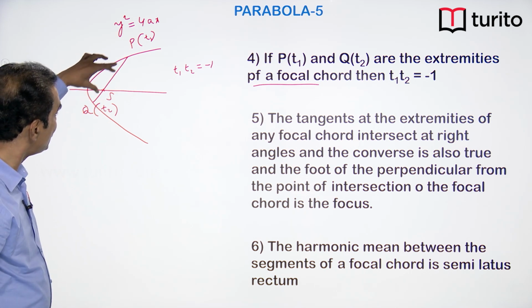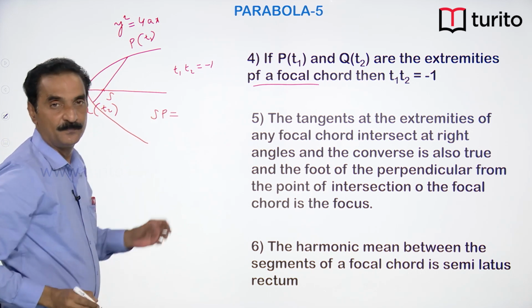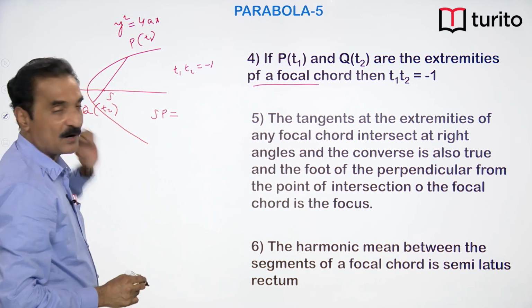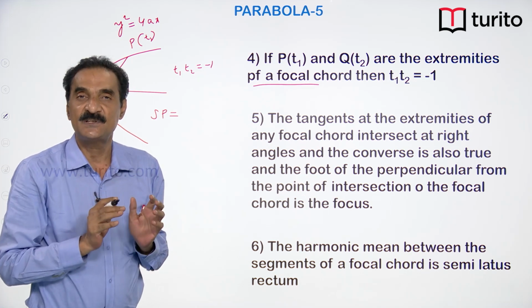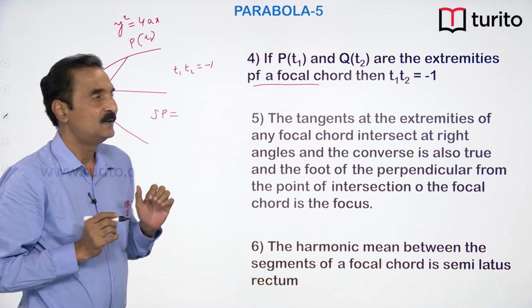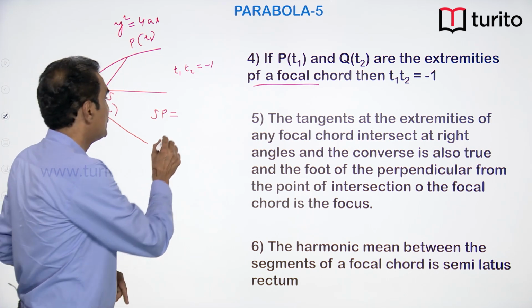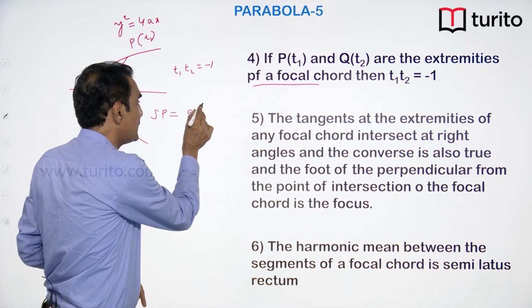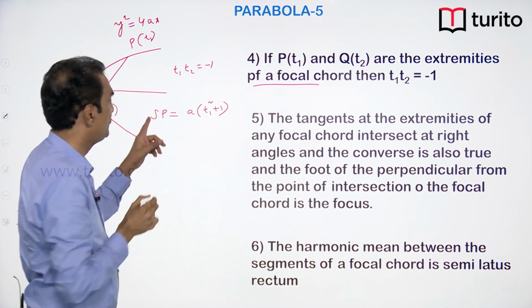What are the segments SP and SQ? SP is equal to, what is the formula for focal distance? We have already discussed in the previous classes. Focal distance of a point (x1, y1) is |x1 + a|. So, here what is x1? at1². So, it is at1² + a, or a(t1² + 1), the focal distance of the point P(t1).